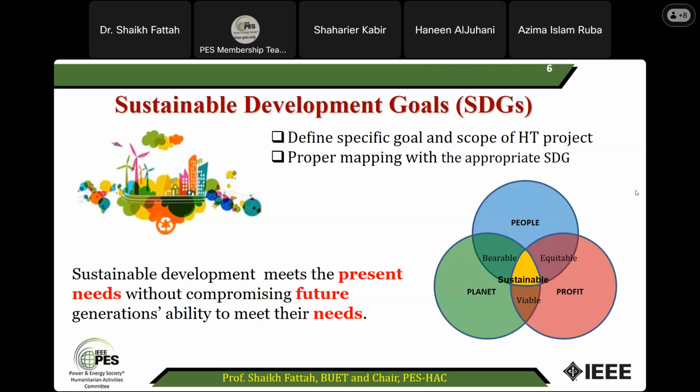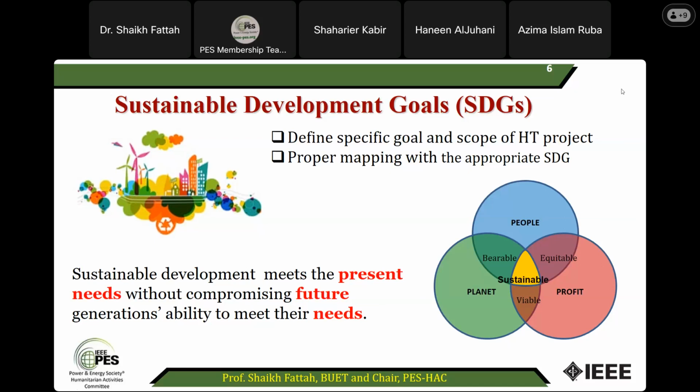Every country all over the world is now doing projects to achieve sustainable development goals. There are 17 SDGs. If in your project you can attain some of the goals, it's always helpful. Generally, you should look to attain some of the sustainable development goals by doing your humanitarian technology project.